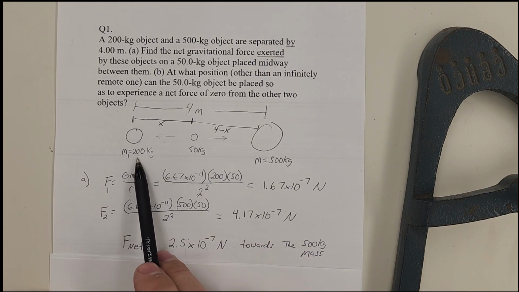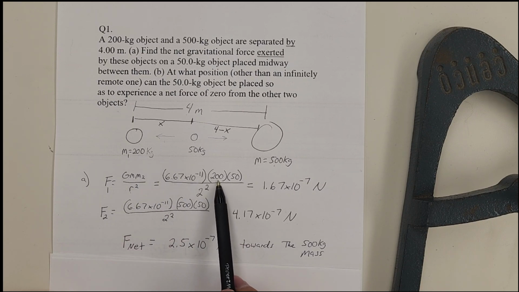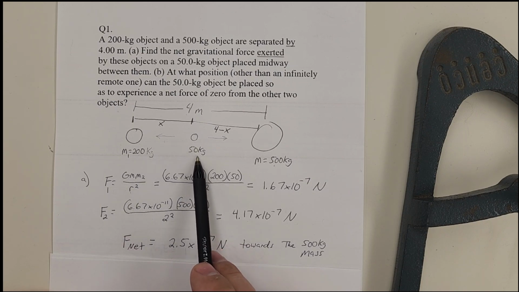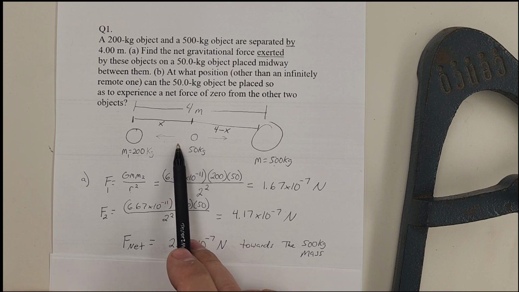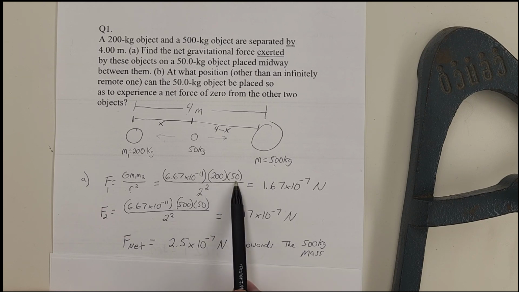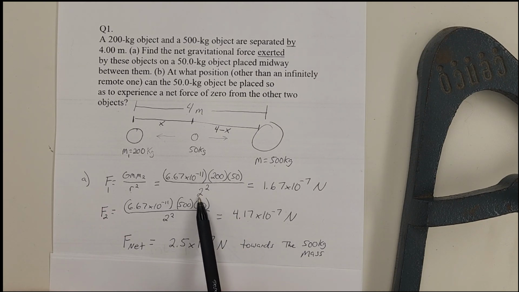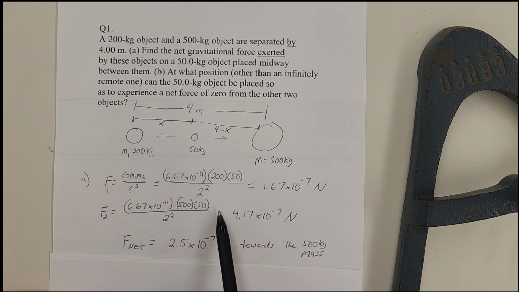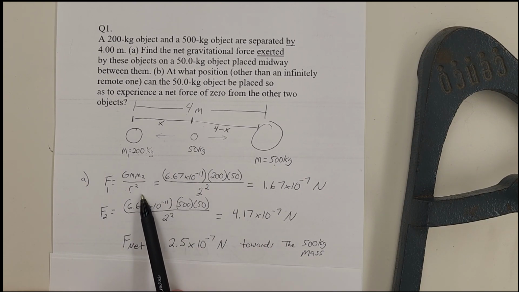This first mass, I'm going to call that 200 kilograms. So we'll put that in. And the other mass I want to know is the 50 kilograms, because I want to find the attraction between just these two. So 200 times 50, and they're both 2 meters apart. So the radius here is going to be 2 meters, and that has to get squared because it's r squared.